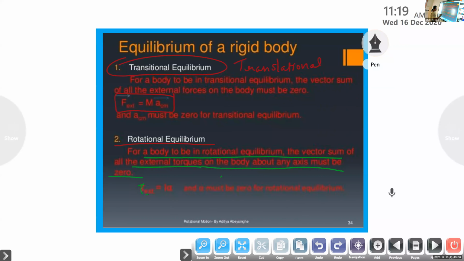That is tau external is equal to I alpha. And what is that? Alpha must be 0. Even angular acceleration also should be 0. Then only we can say it is at rest. There should not be a change. A body should be in constant rotational motion. Angular acceleration should not be there. That's the meaning of the word 0.